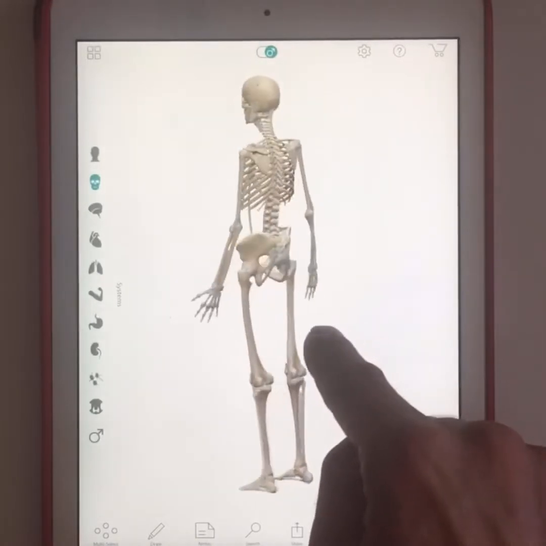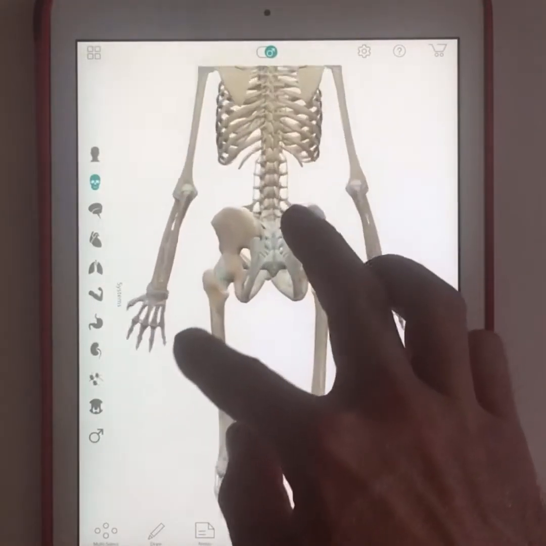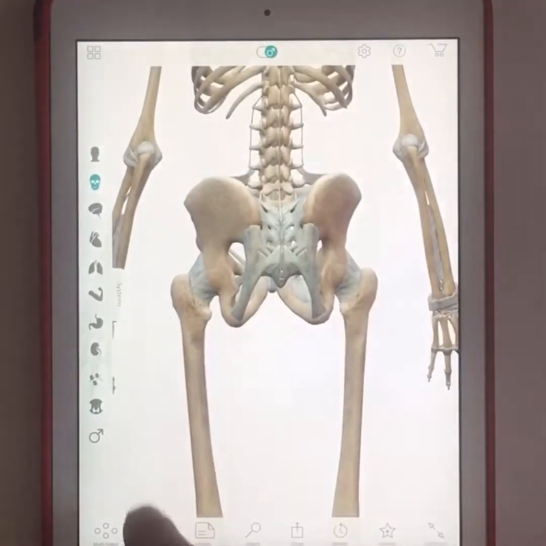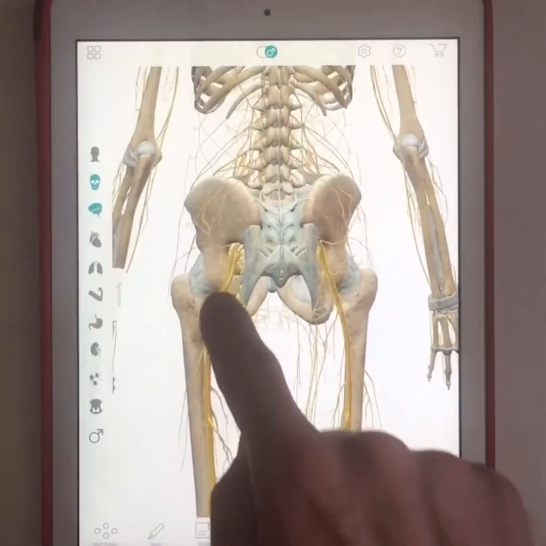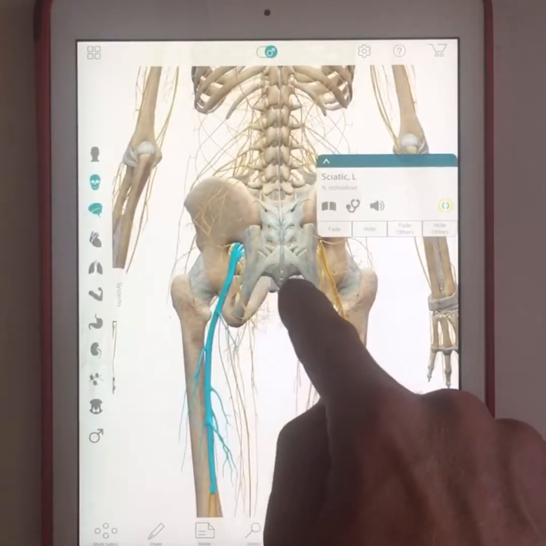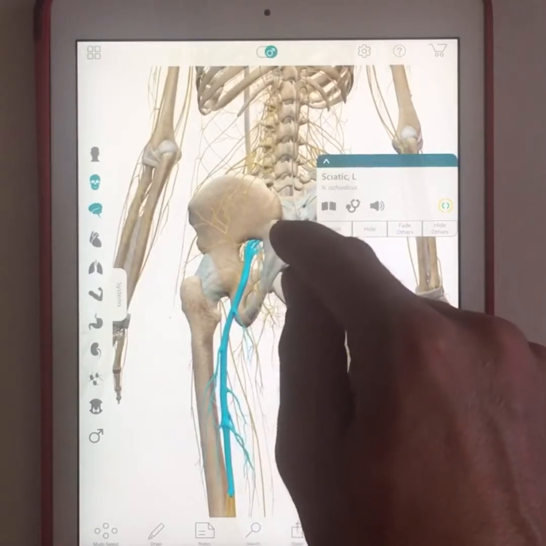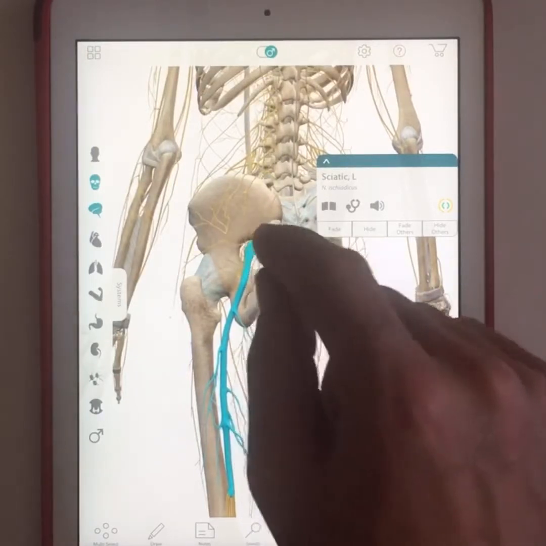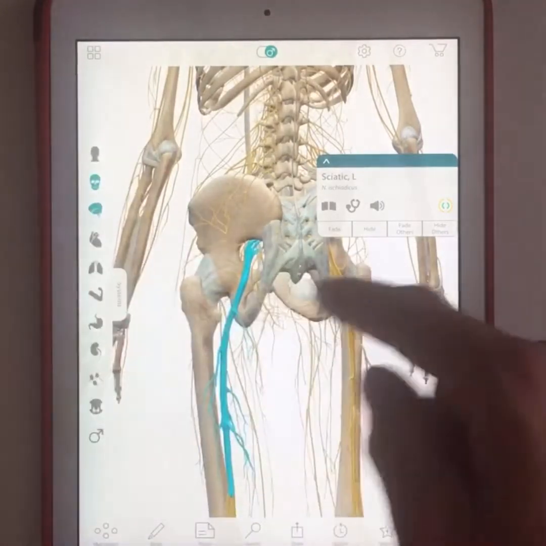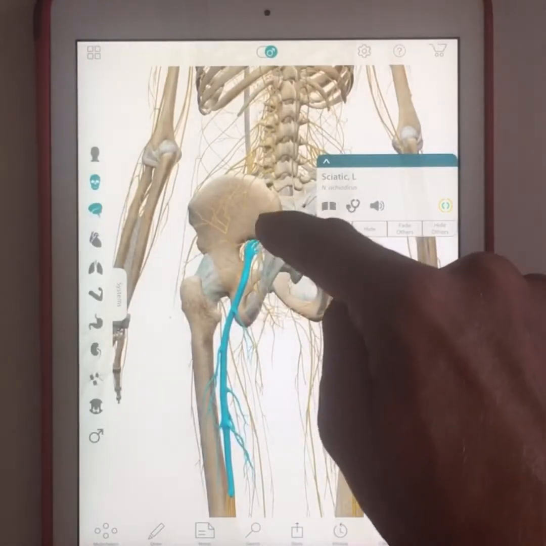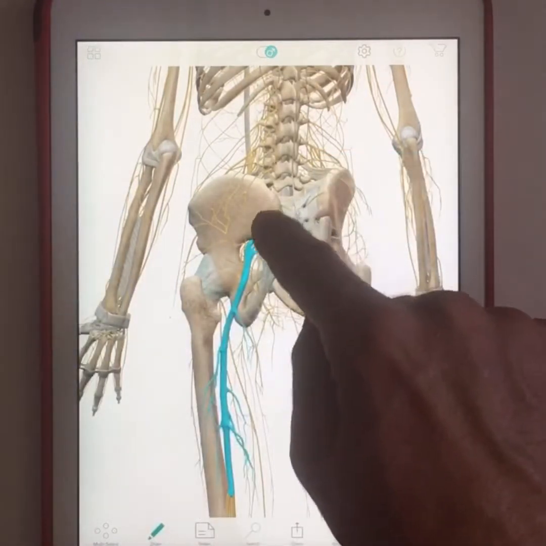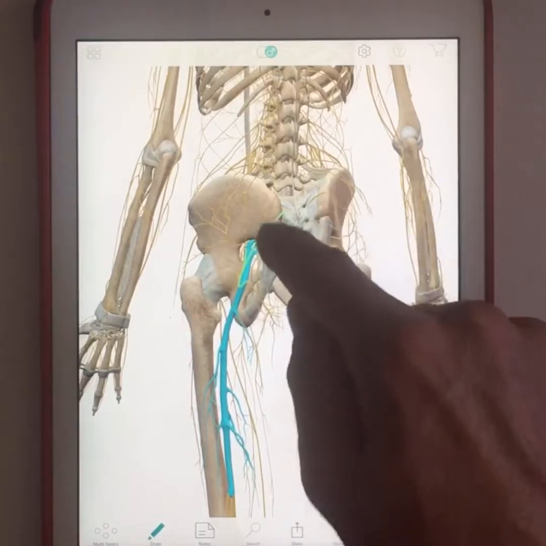Turn around to the back, again where that sciatic nerve is living. Here it is again. So you've got that disc in the lower back, that fluid-filled disc, that's had a disruption in those fibers that you saw, and it's pushing backwards into the sciatic nerve here, and that's creating some irritation.